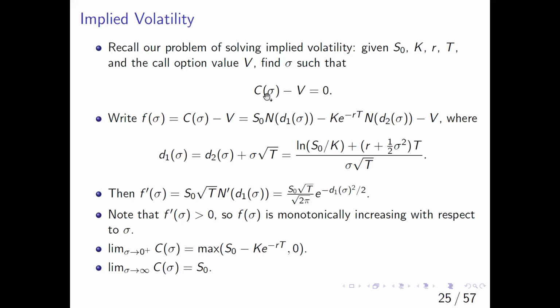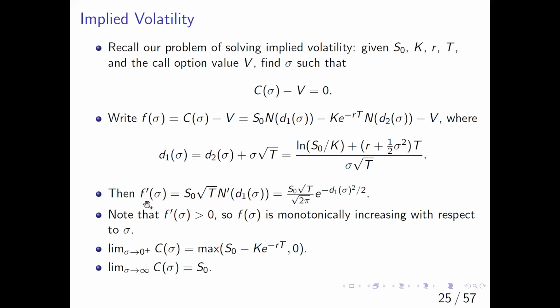The nonlinear function itself is just C(sigma) minus V, the option function minus the observed market value. This is our implicit function, and setting it equal to 0 gives an implicit equation we want to solve. That will be our definition for the nonlinear function.